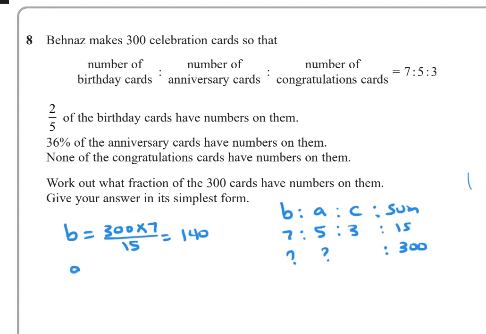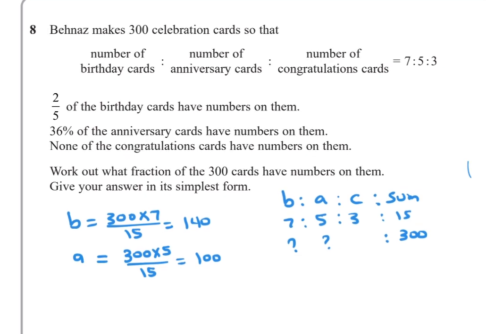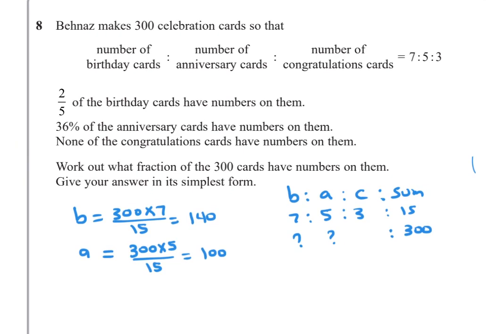And for anniversary, 300 times 5 divided by 15 equals 100. 2 over 5 of the birthday cards have numbers on them, so multiply 2 over 5 by 140.